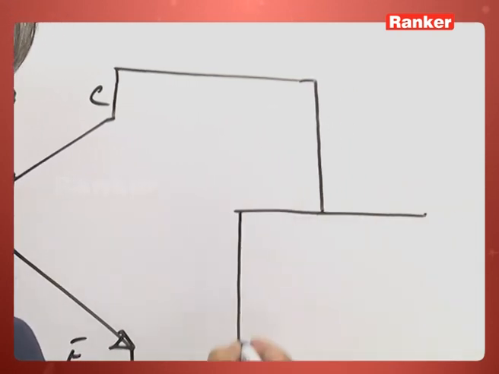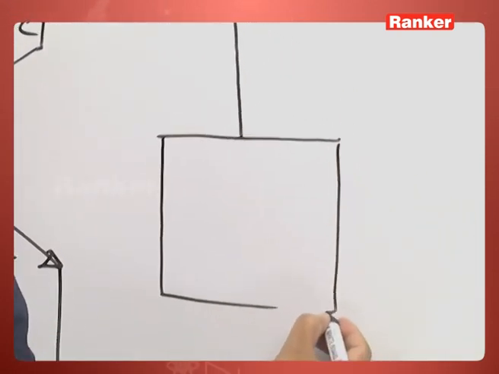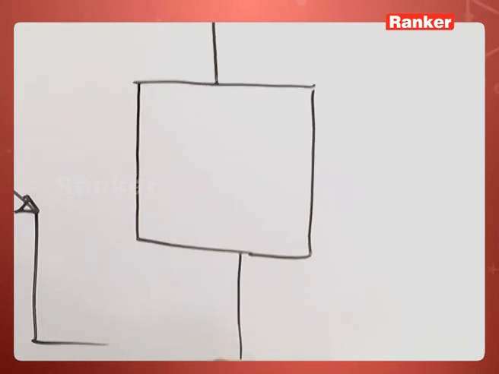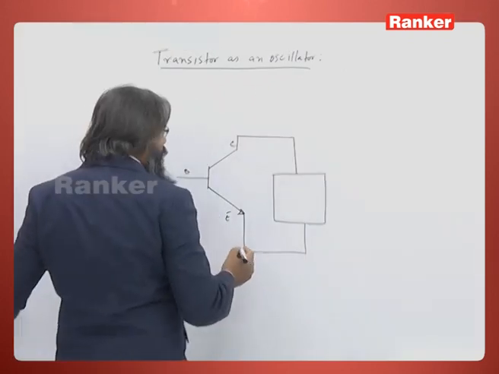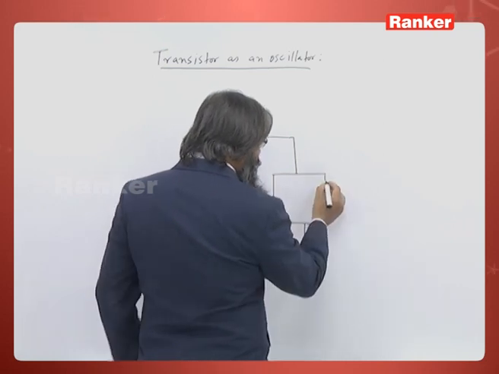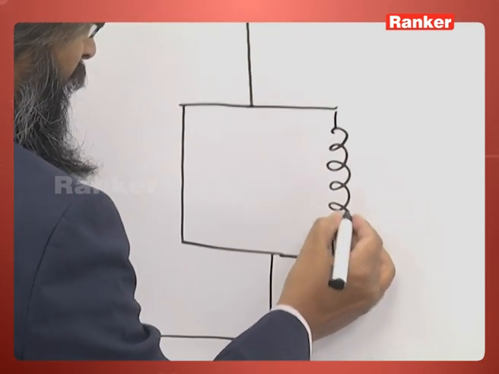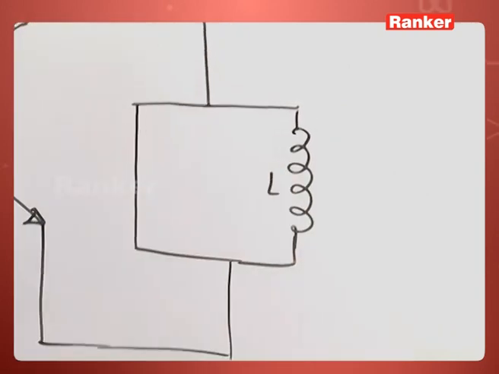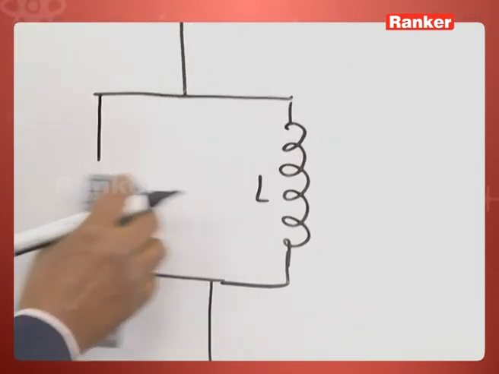Here this is my tank circuit. I am going to put my tank circuit here. In the tank circuit we will give an inductor, that is L, and on this side we will put the capacitor.